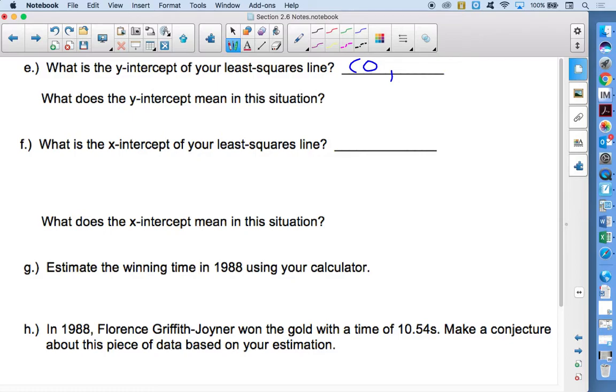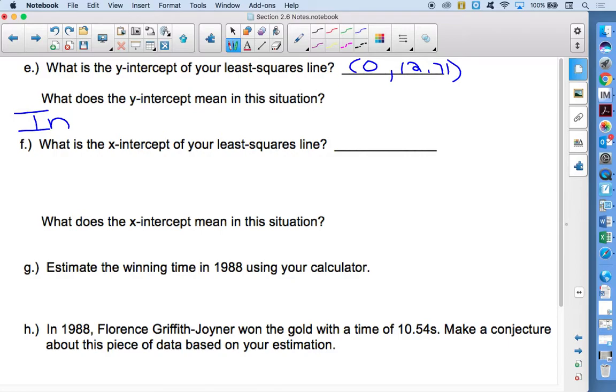12.7. And then what does that mean? So what does the year 0 mean? If I have the year 0 with our data, what's the year 0 represent?